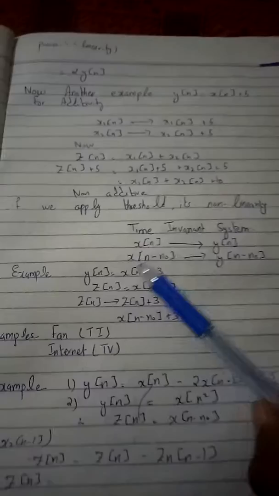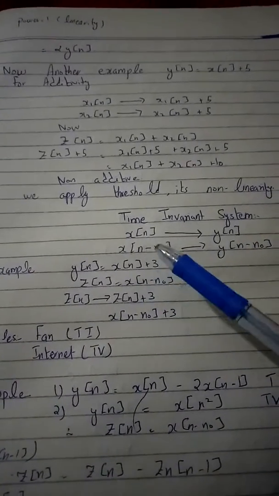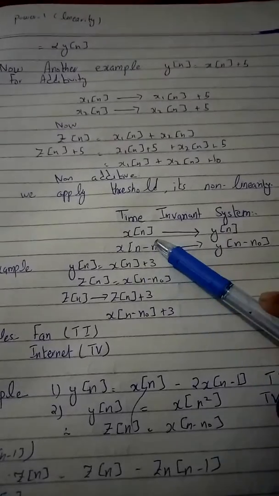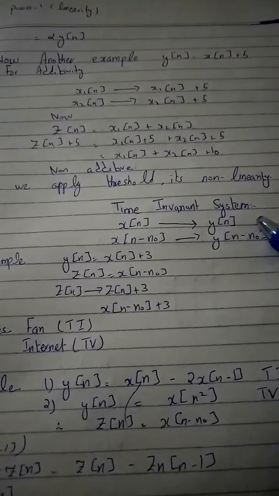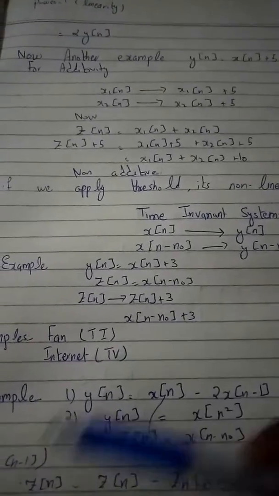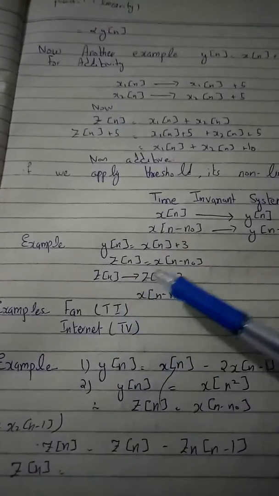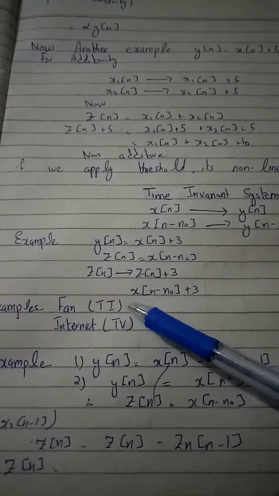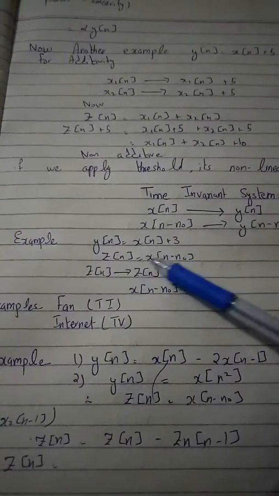Now another type is known as a time invariant system, which shows that if we apply some time shift on the input, we have the same shift or the same effect on the output. Now we will take some examples to show whether a system is time invariant or variant. For example, consider x of n plus 3. If we apply the same shift on the input, we get the same shift in the output. So it means it's a time invariant system.